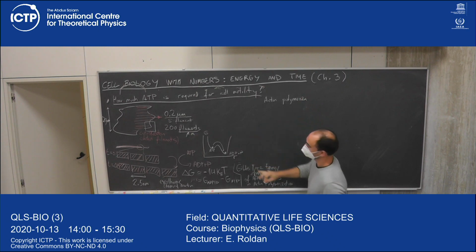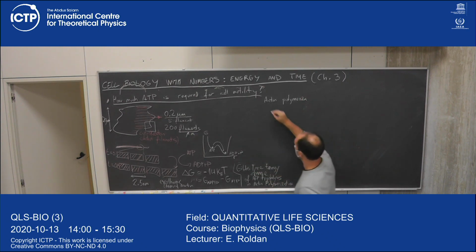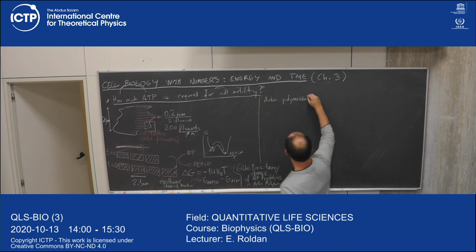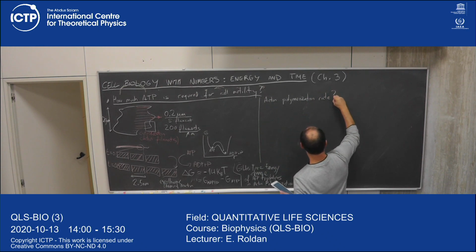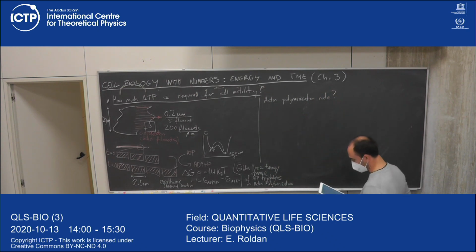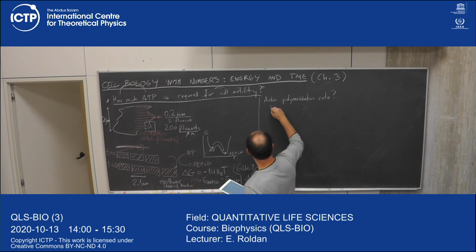You will see that this problem is not so difficult once you know all these numbers. Actin polymerization. To do this, we know first that we are moving 0.2 microns per filament per second.